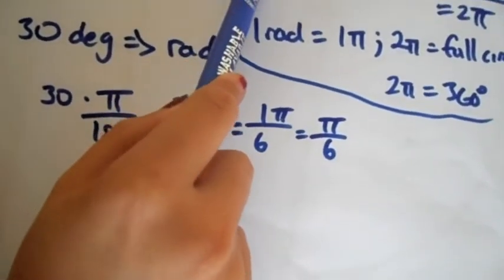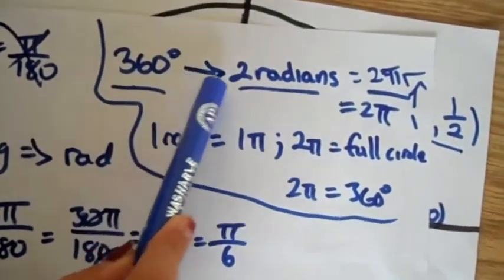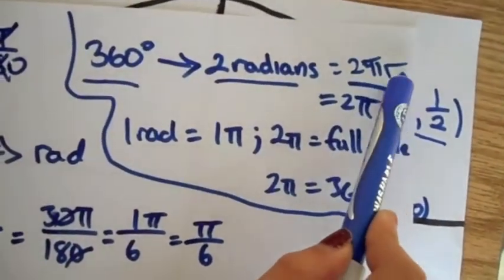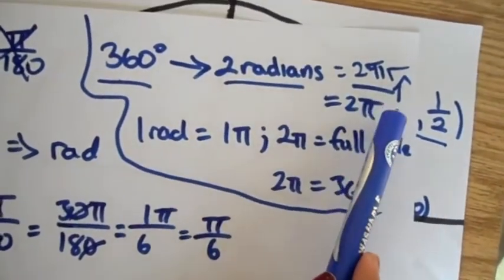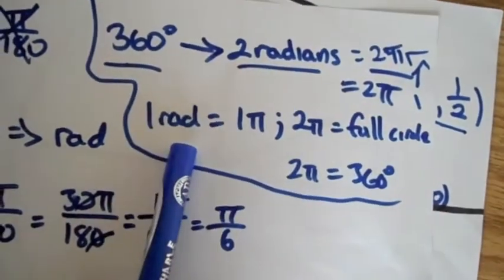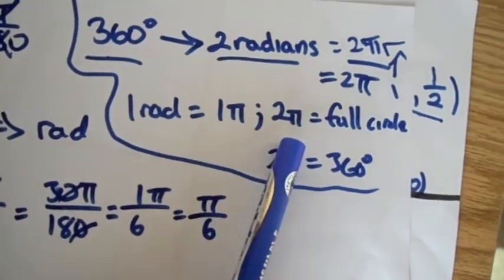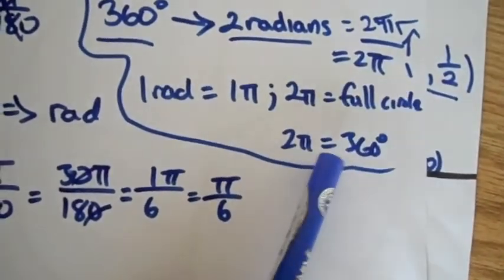So 360 degrees equals 2 pi radians, and r is just 1, so it's basically 2 pi. 2 pi equals the full circle, and 2 pi equals 360.